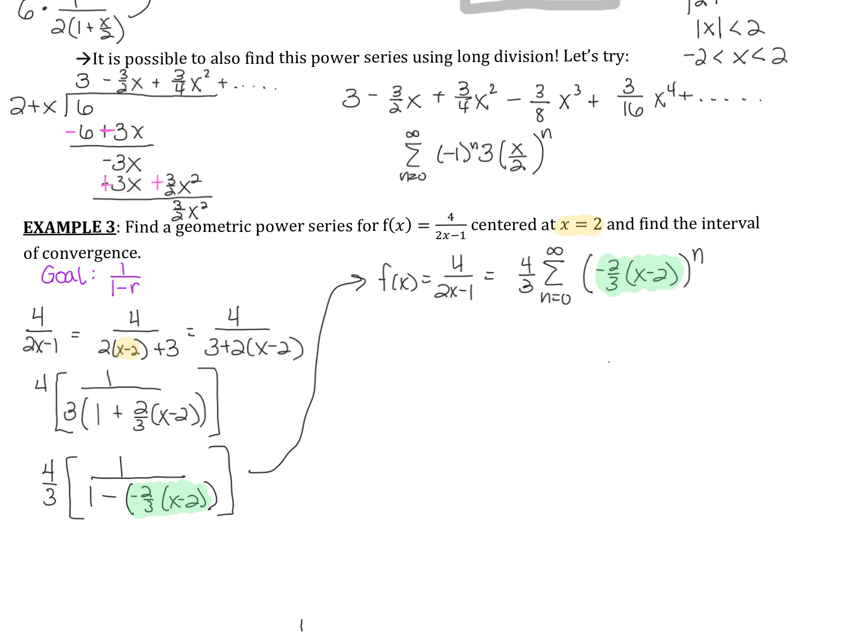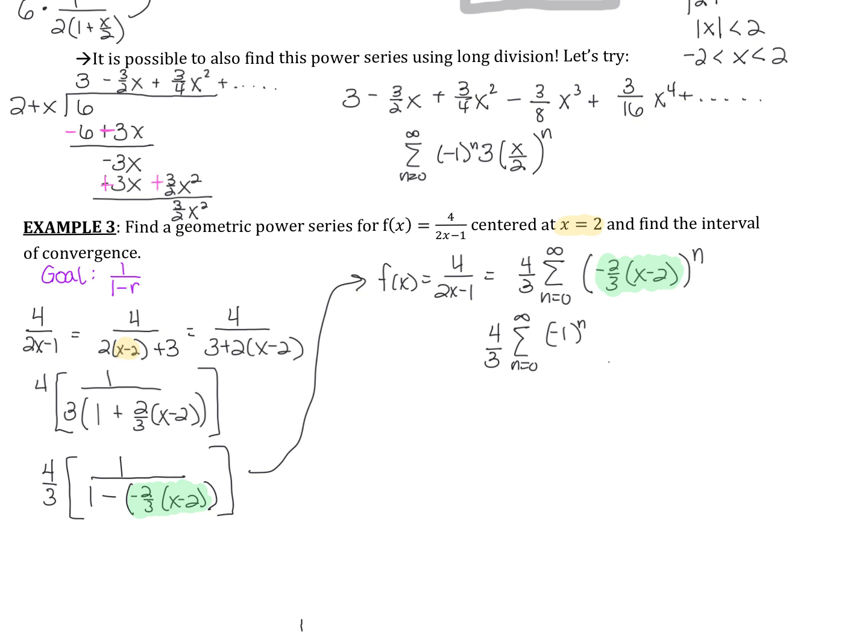Well, like I said before, this could be cleaned up. This is perfectly acceptable, but this could be cleaned up because I see several things that are happening. One, the first thing I see is that there's a negative. So really, I could take this 4/3 times the sigma from n equals 0 to infinity, and I could write this as an alternating series.